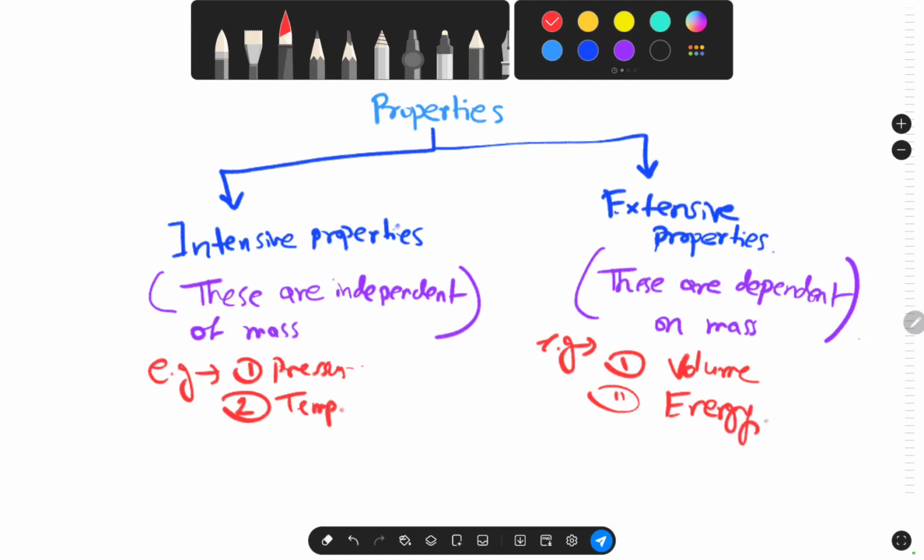To understand this in detail, let us take this as our area of interest, where some mass of gas is contained. It occupies some volume, it has some pressure, some temperature, and it also has some internal energy, which we will discuss later.